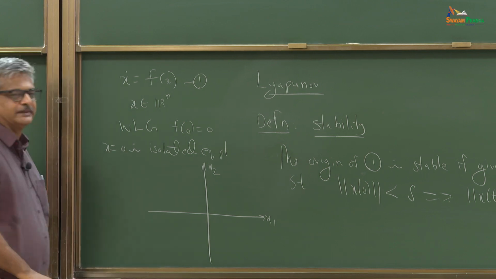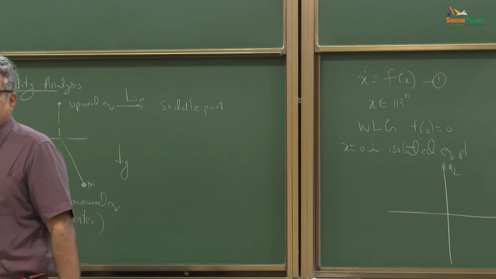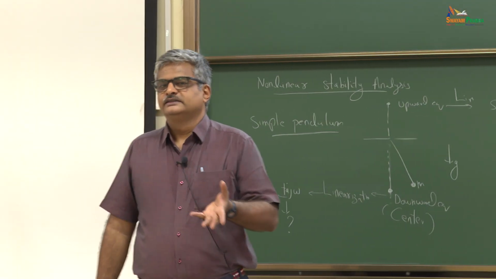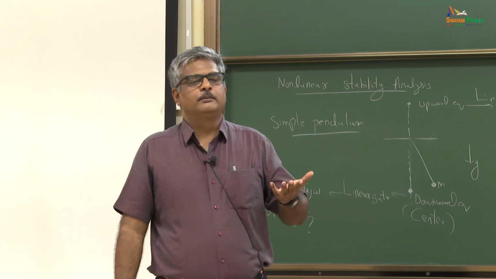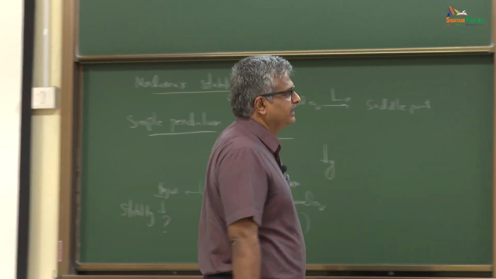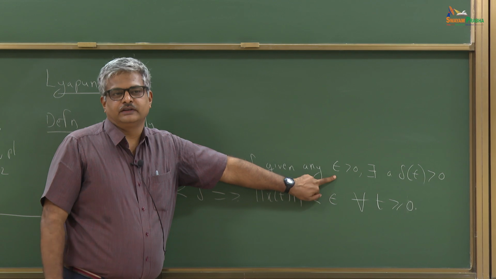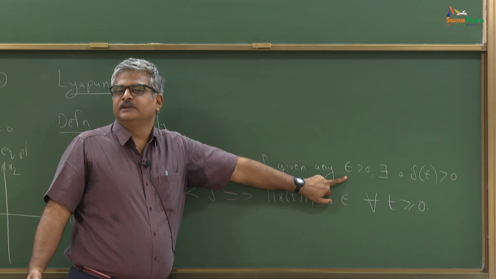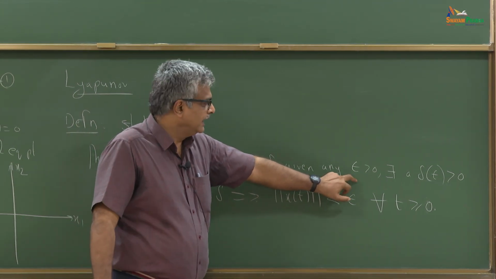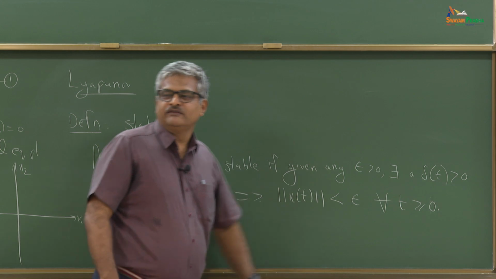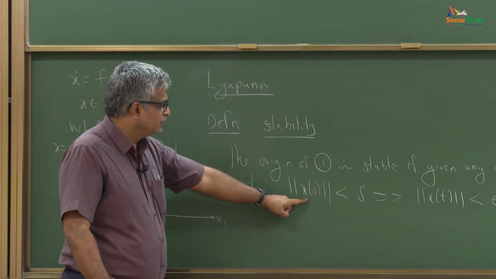So whenever you see this epsilon delta, they are like challenge problems. Somebody has given you a challenge and then you have to come up with something, right? So here the challenge thrown to you is this epsilon number. You are not free to pick it. Think of it as somebody has given it to you, and then it is up to you to come up with this delta and ensure this.